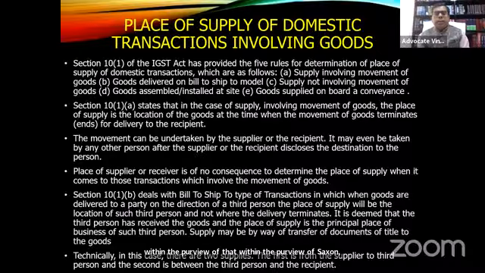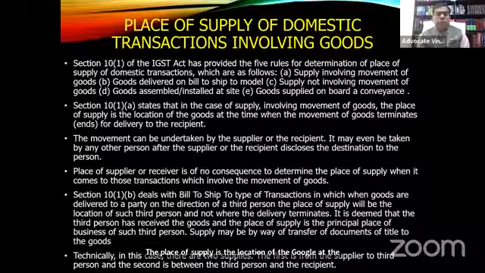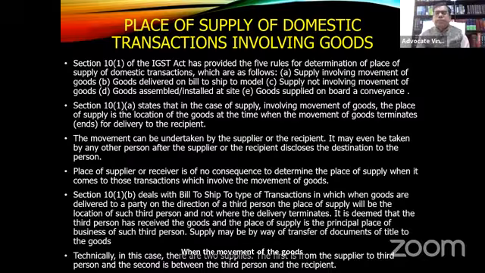It says that in the case of a supply involving movement of the goods, the place of supply is the location of the goods at the time when the movement of the goods terminates for delivery to the recipient.